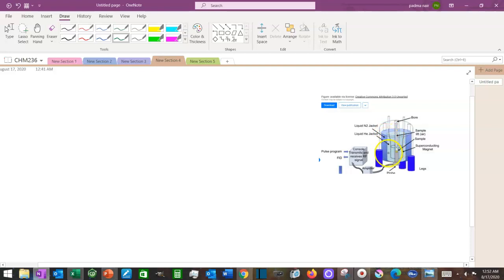So they create an extremely cold environment, so that the inside is maintained at around 4 degrees above absolute zero. Okay. This extremely cold environment is needed to keep the superconductors cold, and these superconductors then generate a large magnetic field for NMR spectroscopy.